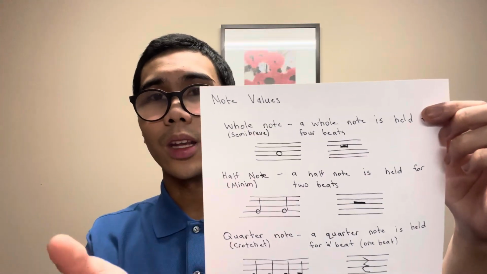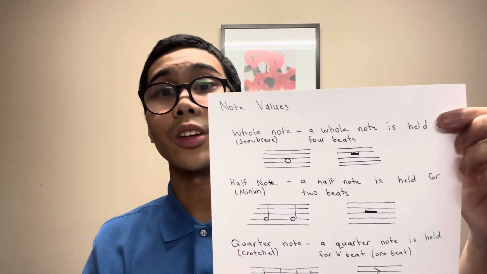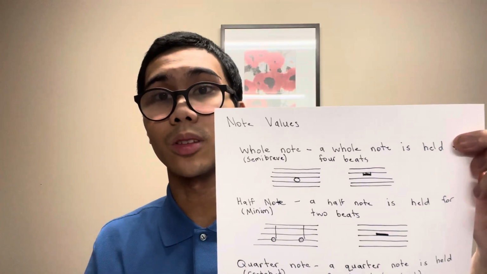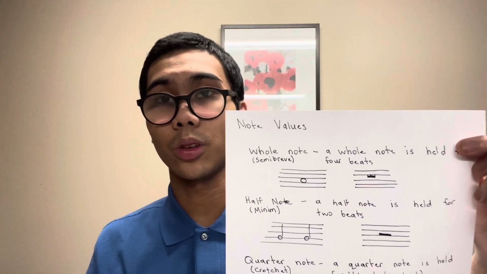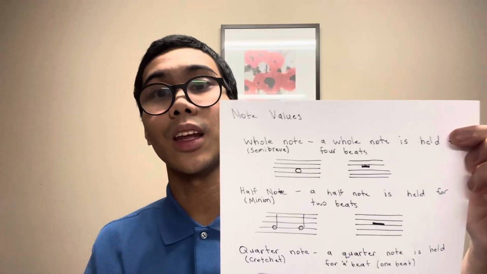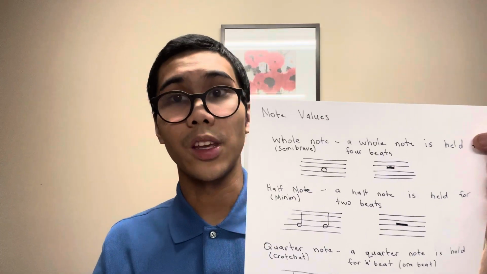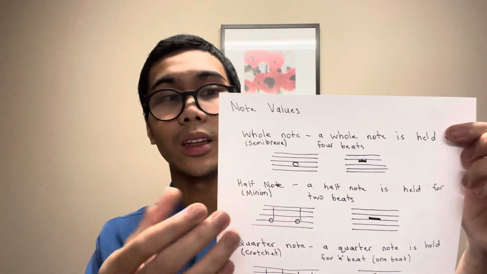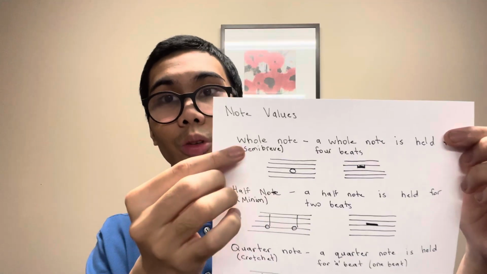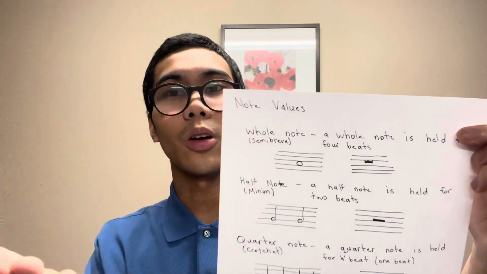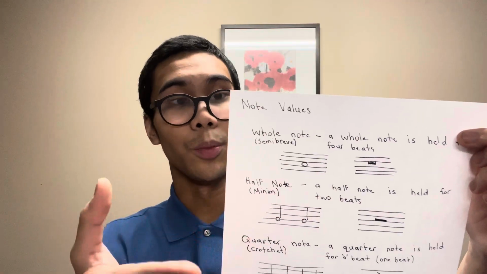And I found out that in certain countries, they have different names for the note values. Where I live, especially in the US, we call it whole notes. I live in Canada, but we also use their terms.